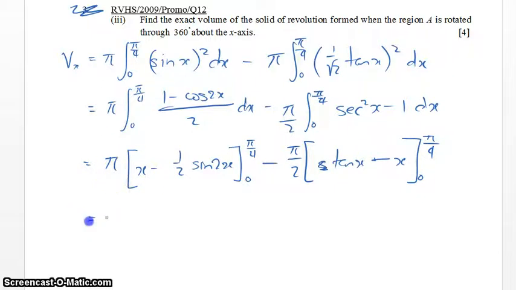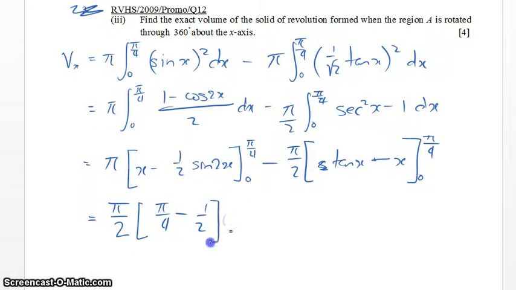So that works out to be pi upon 2, pi upon 4 minus 0, you get pi upon 4, pi upon 2, which is 1, so minus a half.